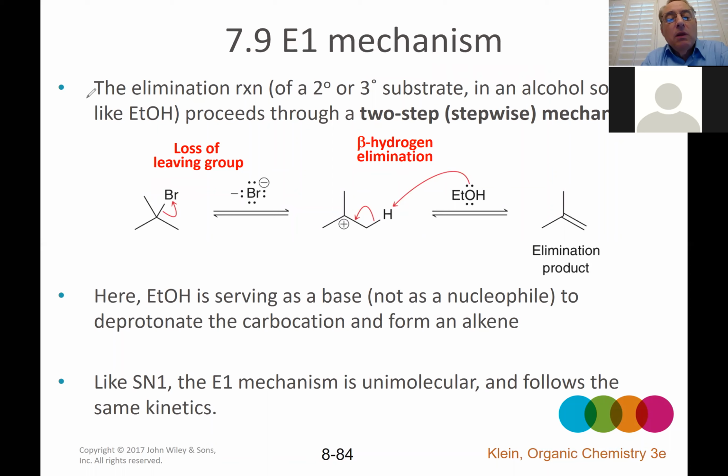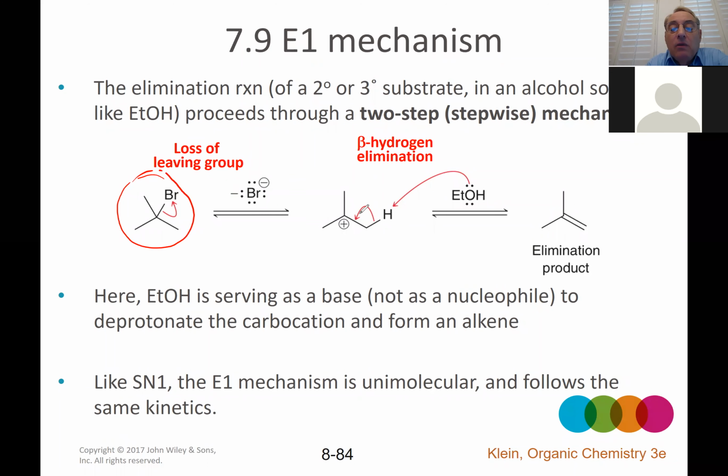So when the leaving group leaves, this is the same substrate we were talking about with the SN1. The bromide leaves, you form a carbocation. So the solvent we saw can attack the positive carbon and form a substitution product, right? We saw that in the previous slide. But it can also attack the beta hydrogen, as shown here, right?